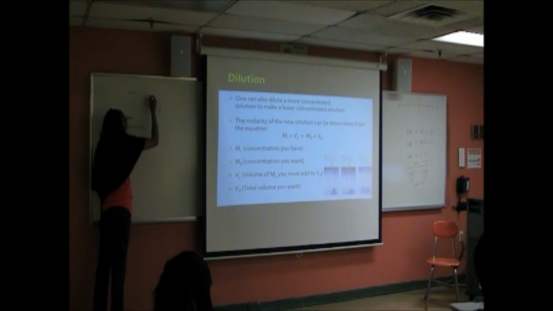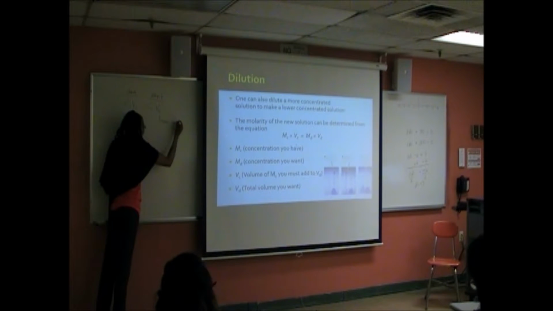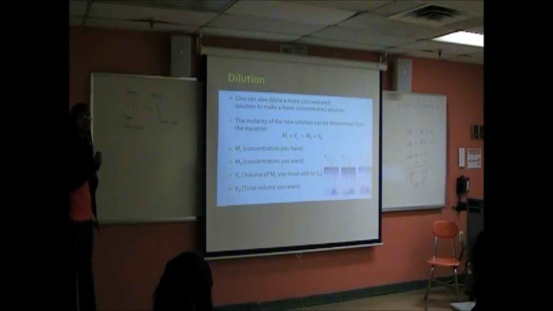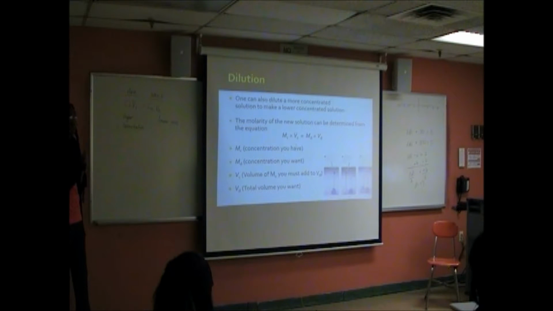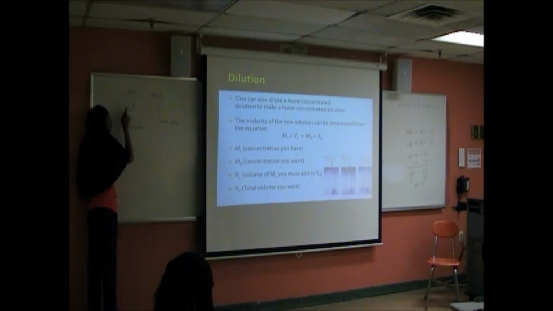On your right-hand side, this is the solution that you want. This will be your lower concentration. C1 is the concentration that you have. C2 is the concentration that you want.